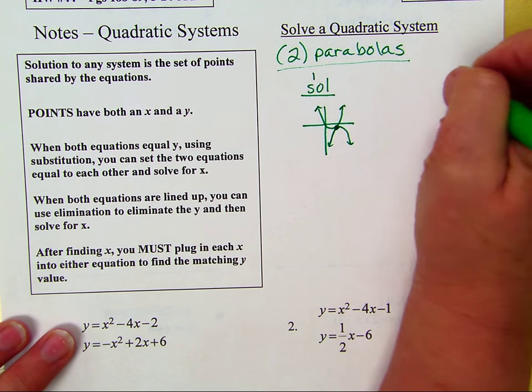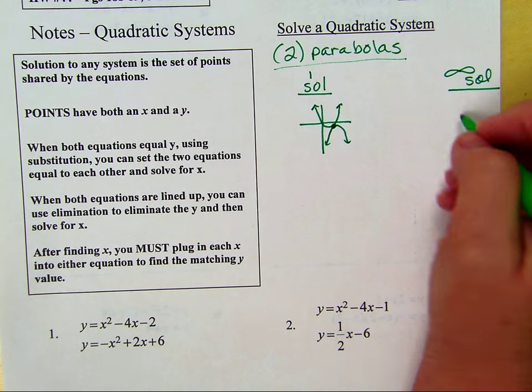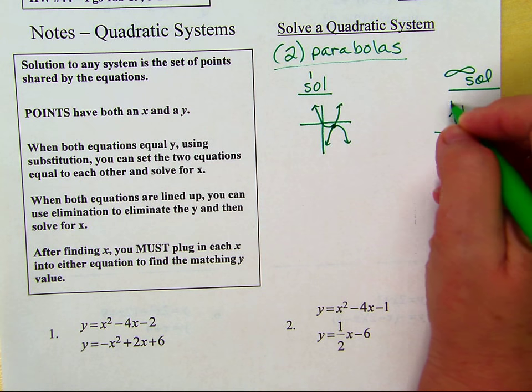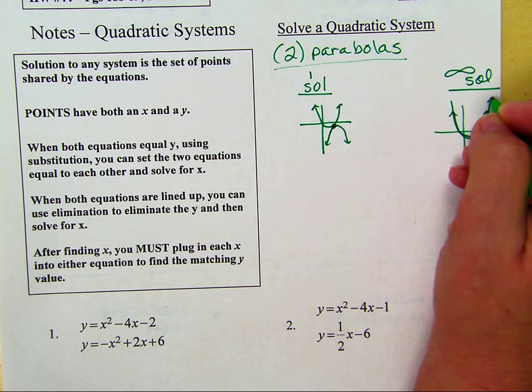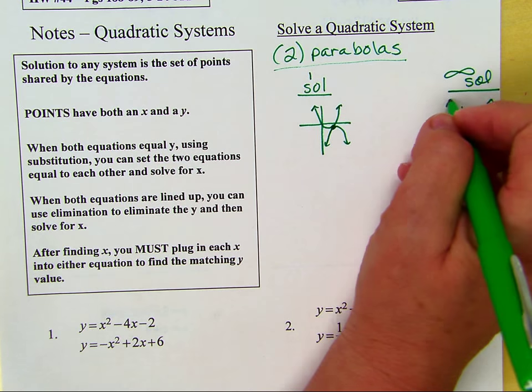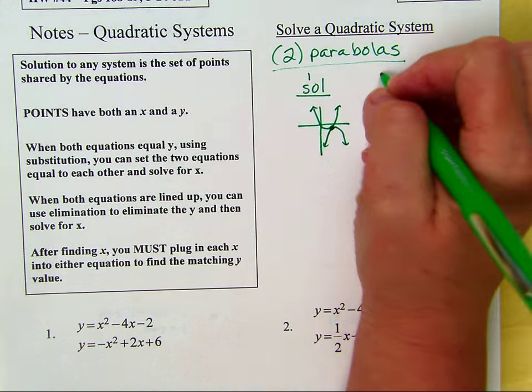Infinite solutions. Let's look at what it would look like for two parabolas to have infinite solutions. Here would be one parabola. Here would be another parabola. So they could be coincident, which means they are in the same space. They are exactly the same parabola. There could be infinite solutions. Well, let's look in between. Could there be two solutions?